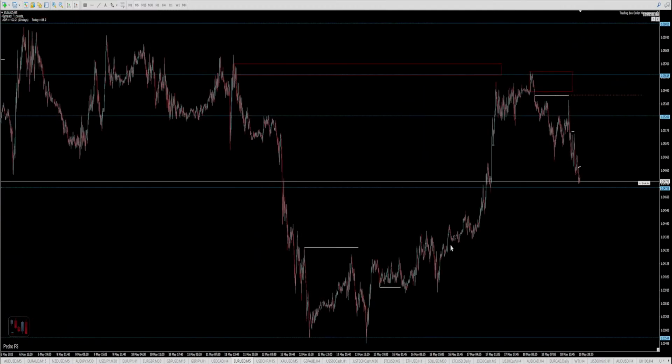We have aligned with this level in here, which is one of the last zones. This zone is fresh. It's fresh in here. I see the wick there. Then you have all these lows. Let's see how price reacts in here.